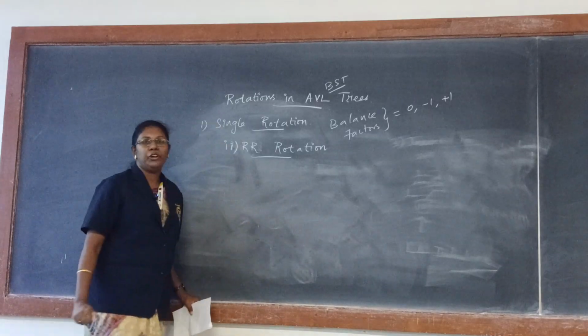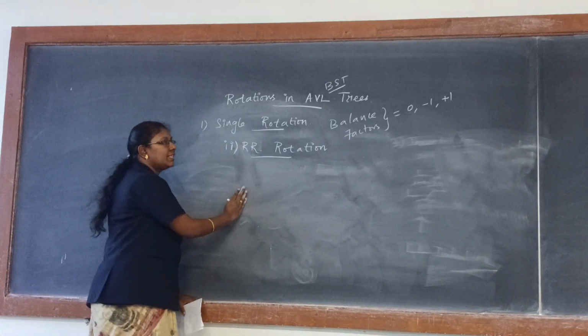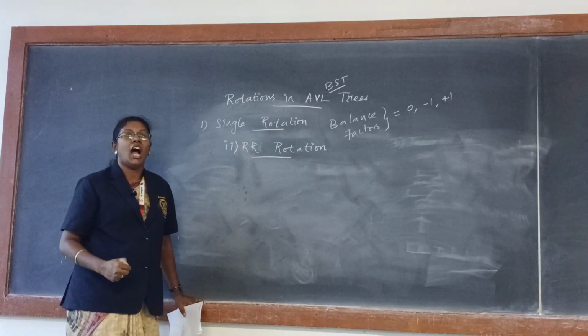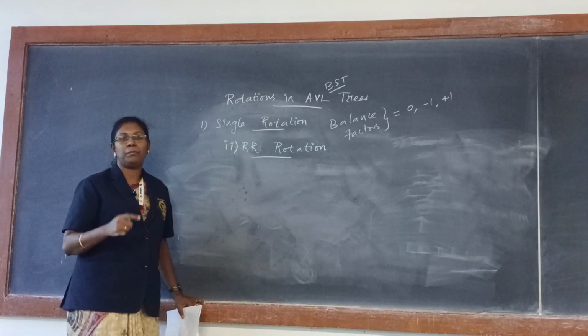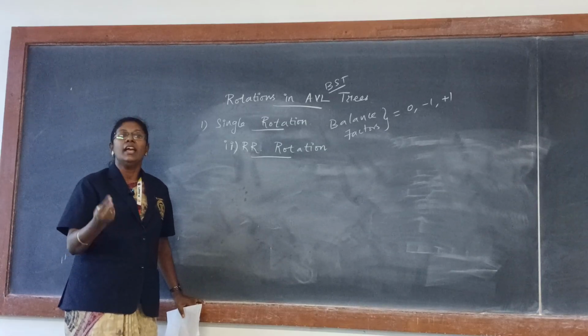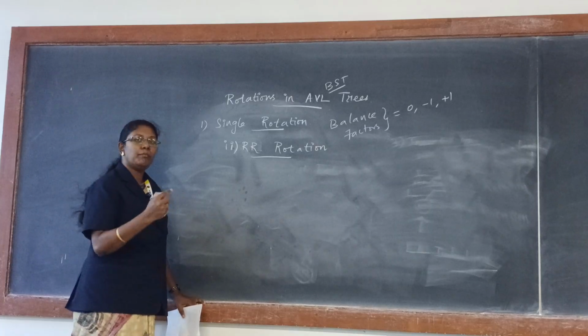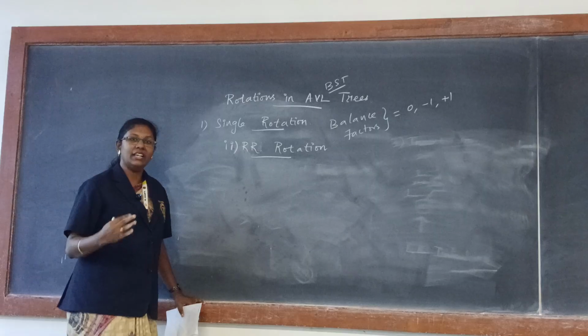So now I'm going to explain the second type of single rotation called RR rotation. RR rotation means we are going to perform left rotation in the AVL trees to achieve the balance factor or the balanced height of the tree.